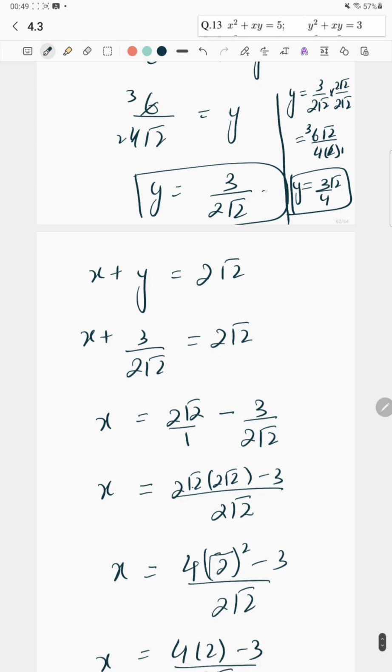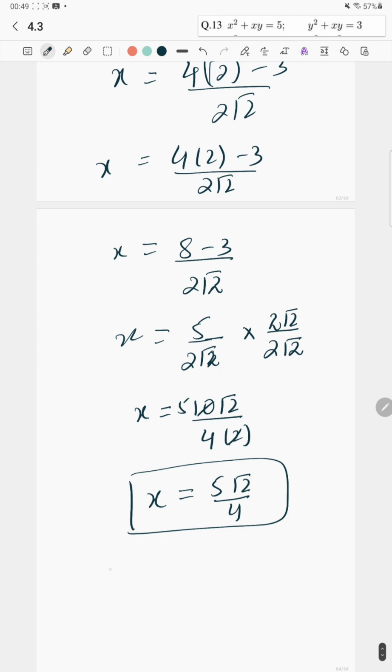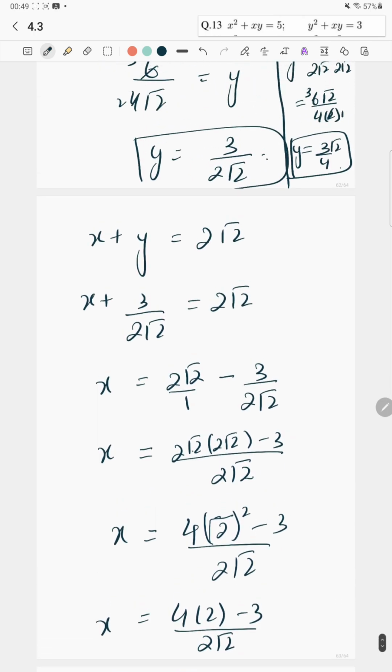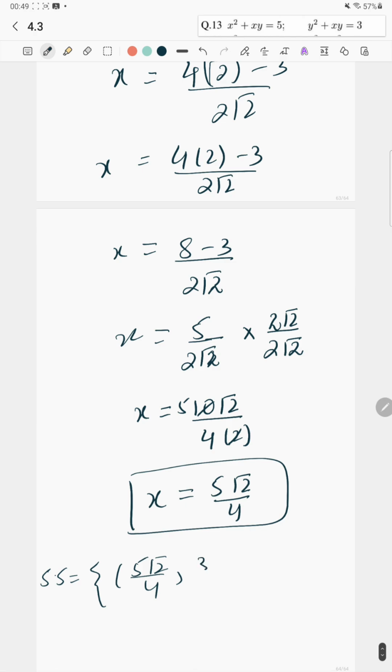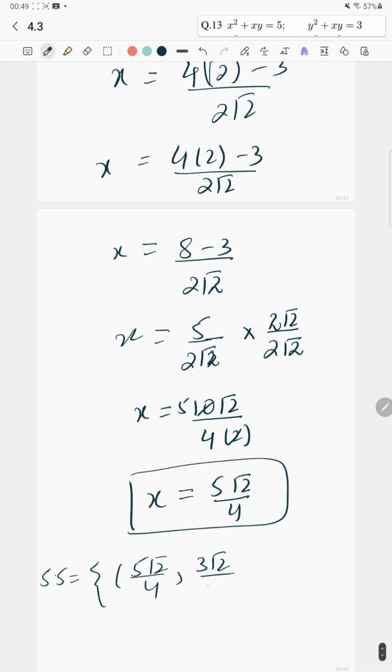It's one and the same thing if we write this or this. So the solution set is x equal to 5 square root 2 by 4, when y would be equal to 3 square root 2 by 4. So this is the first solution set.